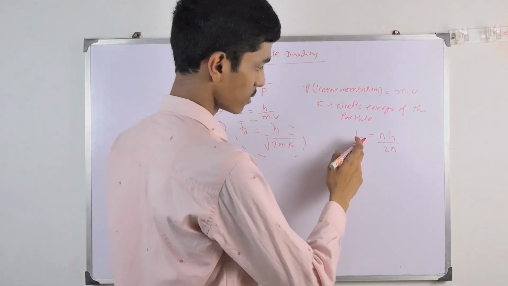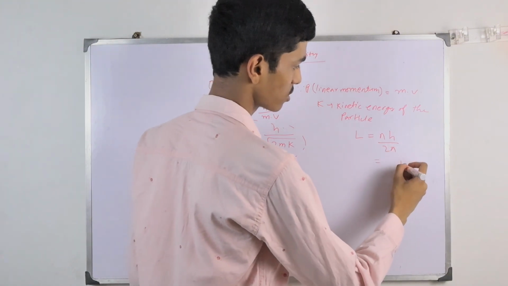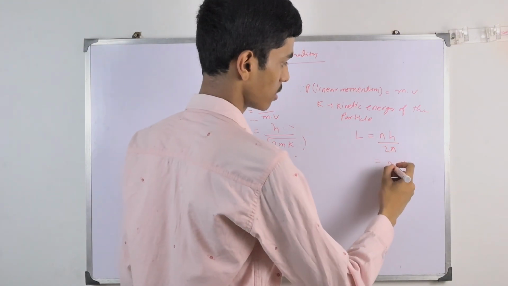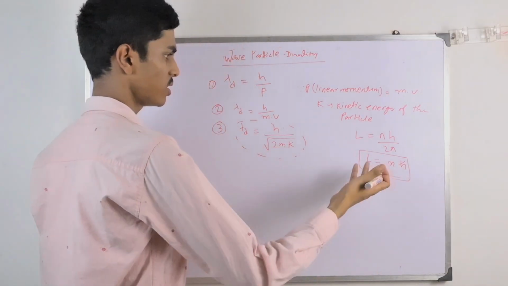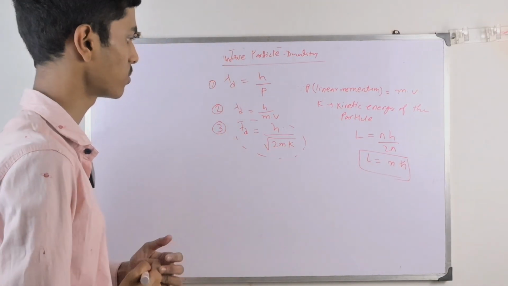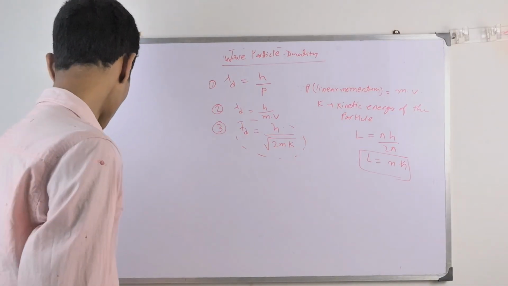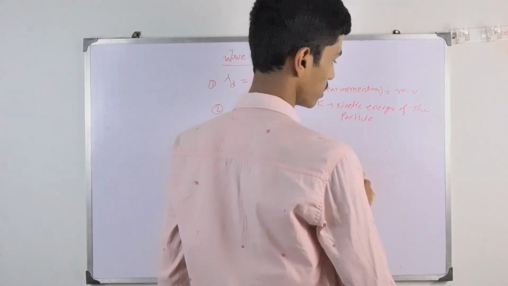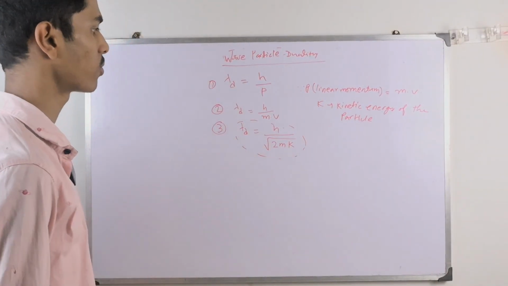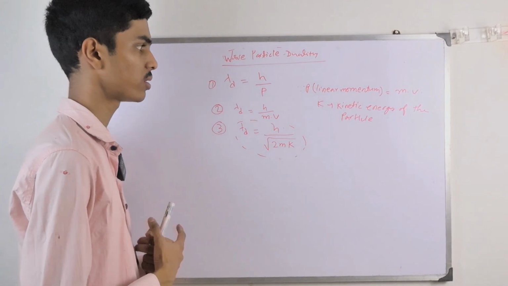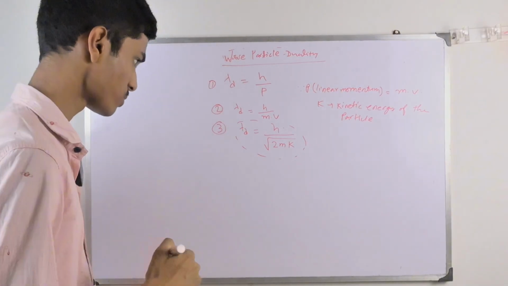H by 2 pi is nothing but h cross, so L equals n h cross. L is the angular momentum. We don't need this in the calculation, but these three formulas are very vital for questions and their solutions. These three formulas must be known to everyone to solve any single numerical based on this topic.